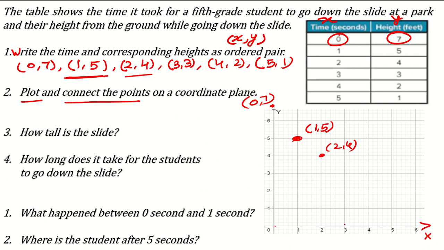So X is 3 here and the value of Y 3 where? 1, 2, 3 here. I am sure you know how to plot the points, so please pause the video and draw it yourself in your notebook. Now next is 4, 2. So X is 4 here and Y is 2 here. So this is 4, 2. And then 5, 1. This is 5 and this is 1.